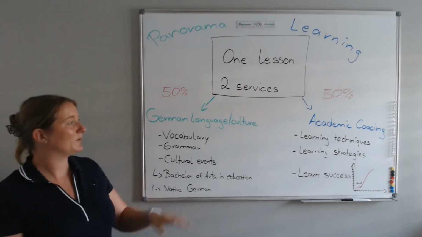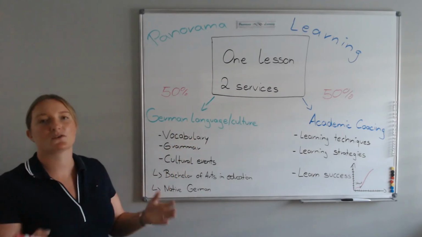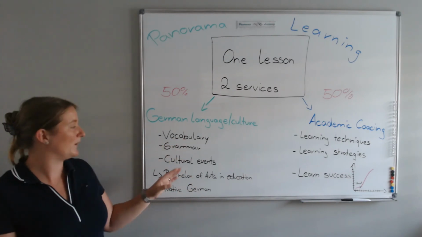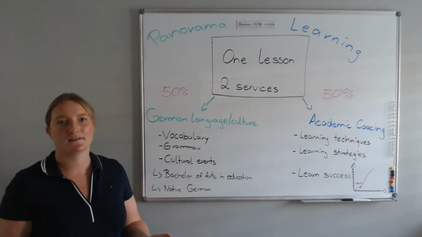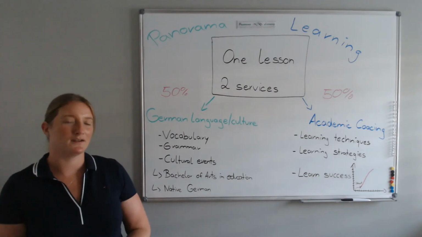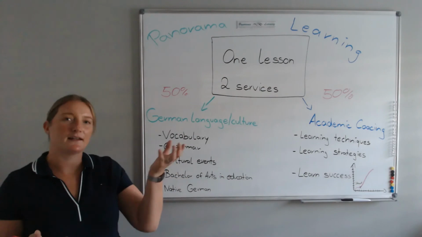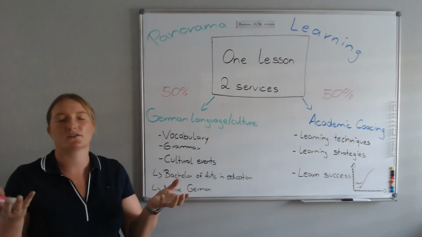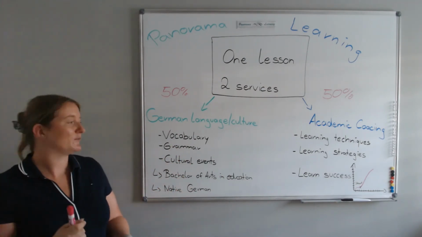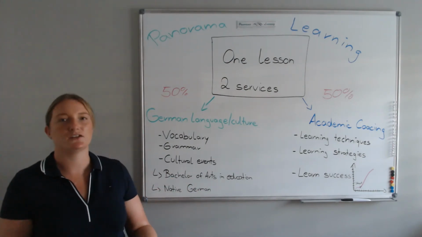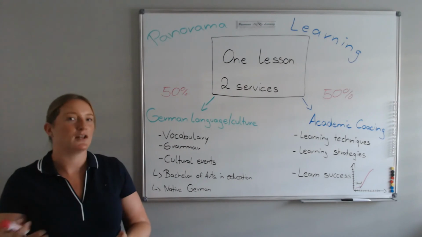Of course, we will talk about the content, about the topic, German language, with the vocabulary, with the grammar, with cultural events. Because, in my opinion, each language has its own soul. And to understand the language, you need to understand the soul. And the soul is, for example, the different events you can find in each culture, in each language.